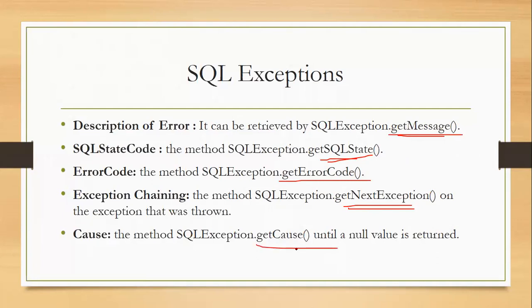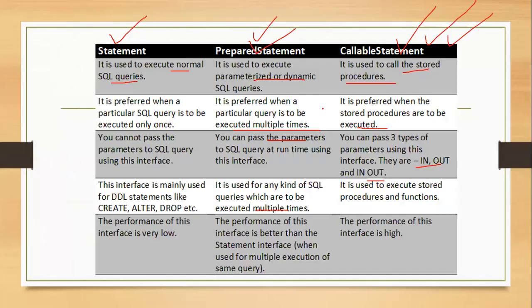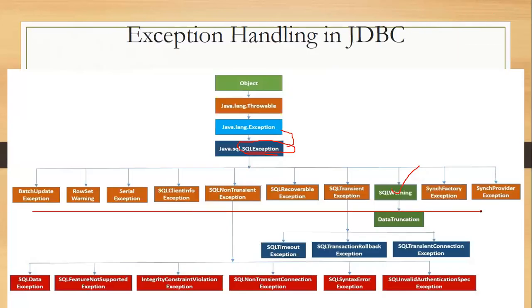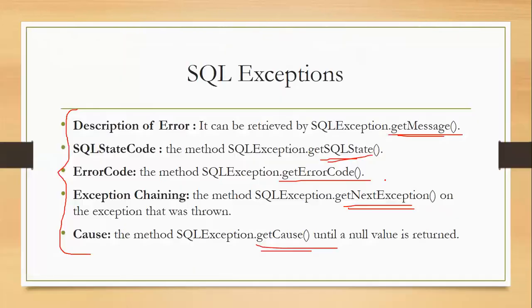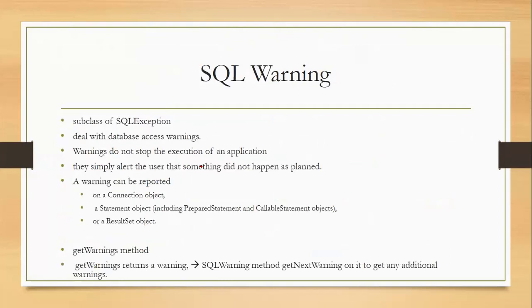You even have a method called getCause, which could return you a null value. So these are the methods which can be used in SQL exceptions. Now, all these are things which we saw earlier in this diagram, the various exceptions which can happen together with one warning. The subclasses, you have lots of exceptions coming up together with one SQL warning.